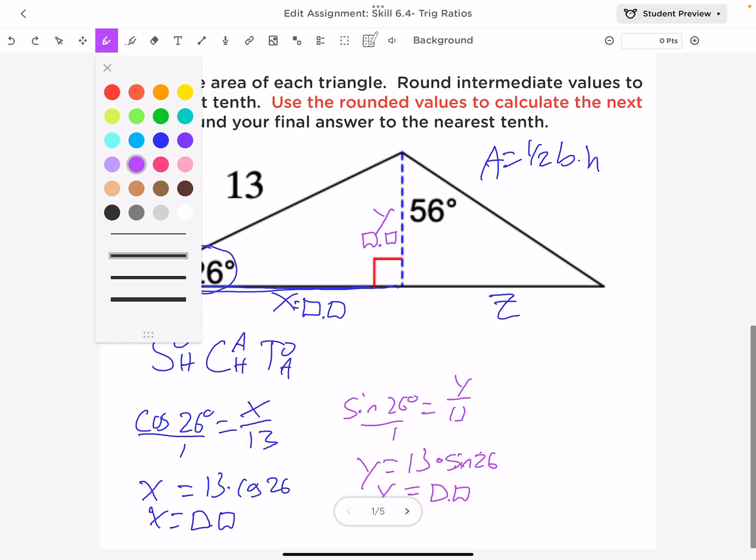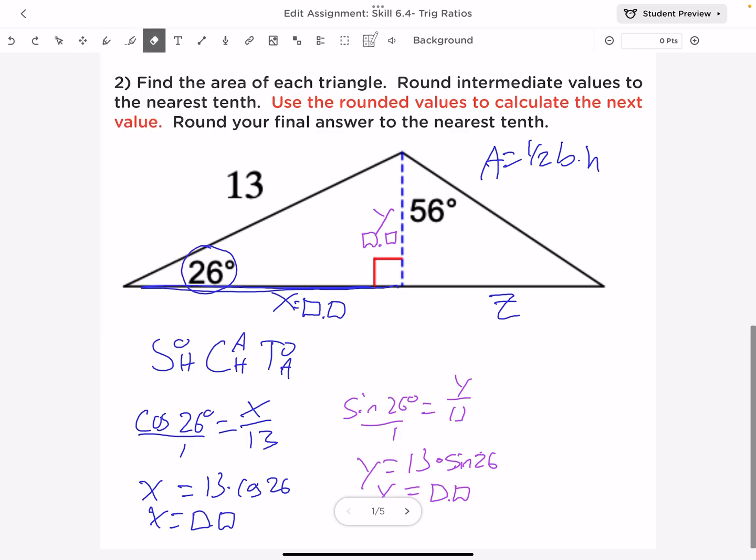And then for z, we'll use red. So here, let's replace this blue z with a red z. Now for z, we're going to have to use the value of y, and we're working from 26. In this case, z is the opposite, and the y that I calculated in purple, rounded to the nearest tenth, is the adjacent side. So we're using tangent.